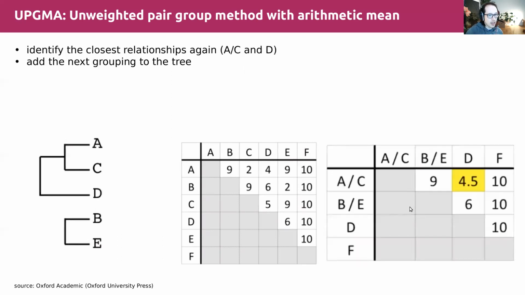And then once you've done that, we repeat the process of identifying the pair with the fewest number of changes, or the smallest Hamming distance, and then go back to our tree and update it accordingly. So here, AC to D was the winner, so we connect the AC group to D. And then you just continue this process.